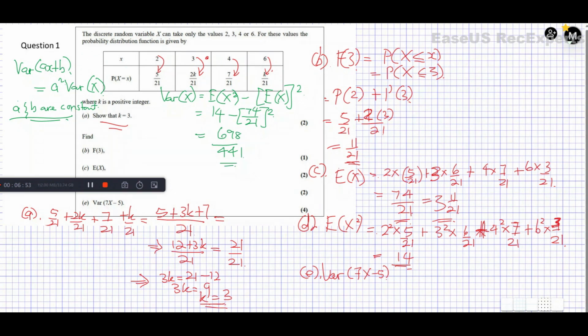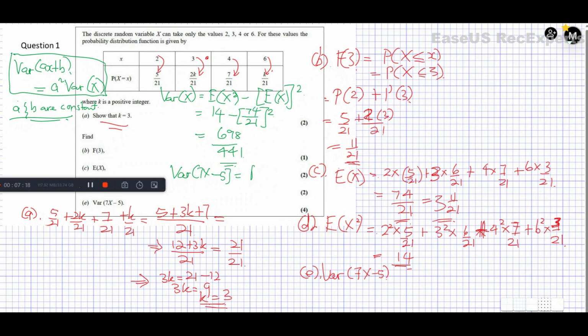Now we are not done. It's a variable, so we've got to use this formula. To find the variance for 7X minus 5, we need a squared. What is a? Not 14. A is 7.